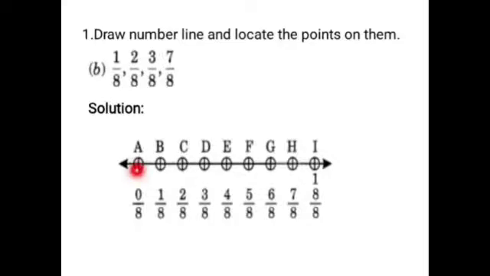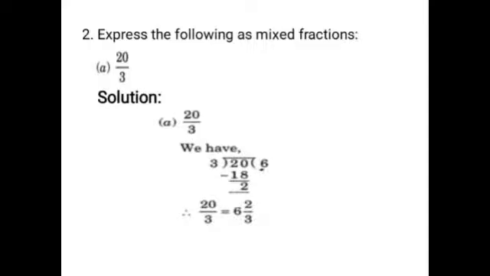And these are the numbers 0 by 8, 1 by 8, 2 by 8, 3 by 8, 4 by 8, 5 by 8, 6 by 8, 7 by 8, 8 by 8. Now I want the numbers B, C, D and H.